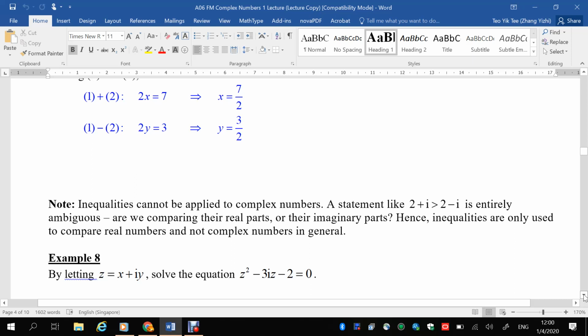I'll let you try this later on. Okay. So in complex numbers, I tell you all these things will work already. But I want to introduce you to a method, number 5, which is what we call let z equal to x plus iy, where x is real, y is real.